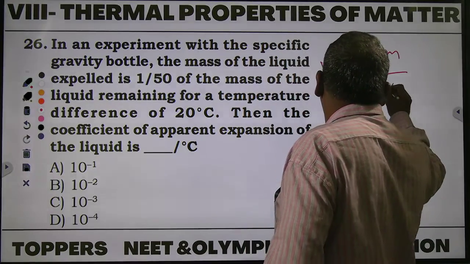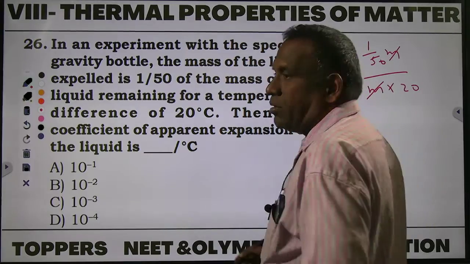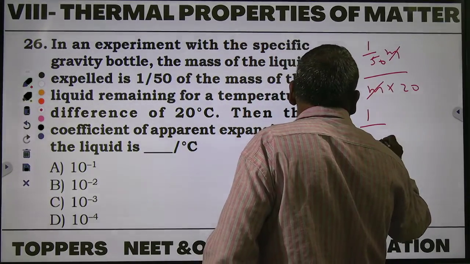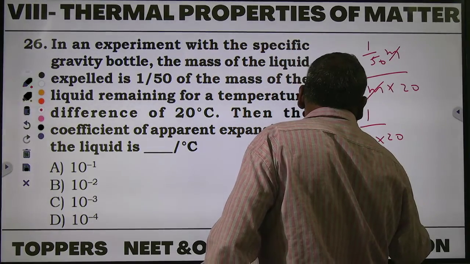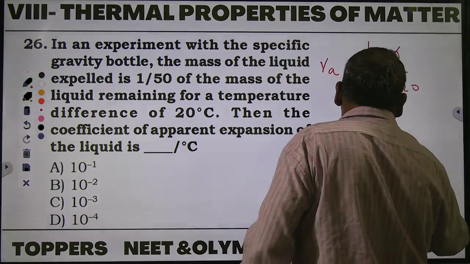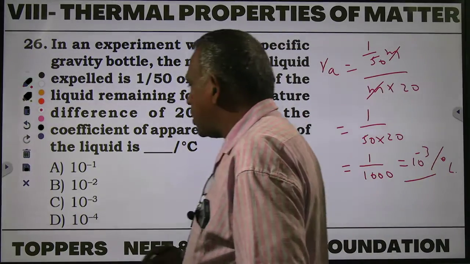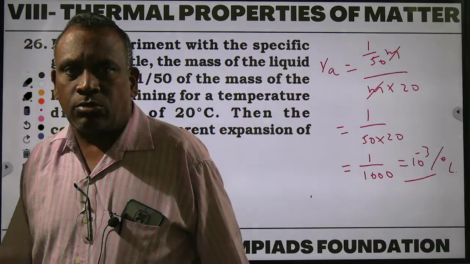The temperature difference is 20. It means that small m gets cancelled. So 1 by 50 into 20, that becomes 1 by 1000. Okay, so that is 10 power minus 3 per degree centigrade. In the given options, 10 power minus 3, option C is the correct answer for this question.